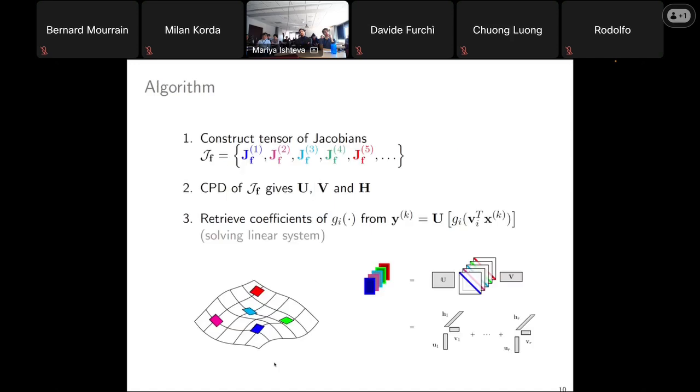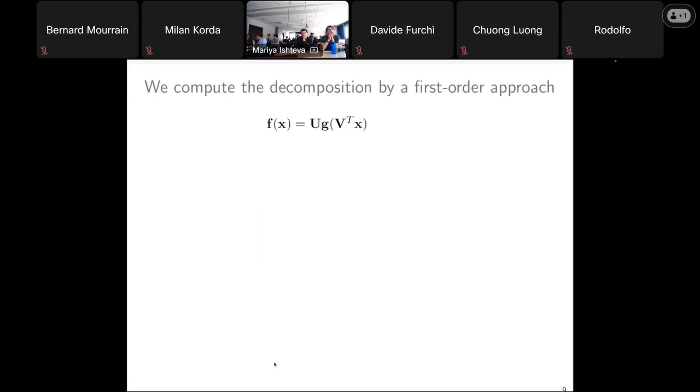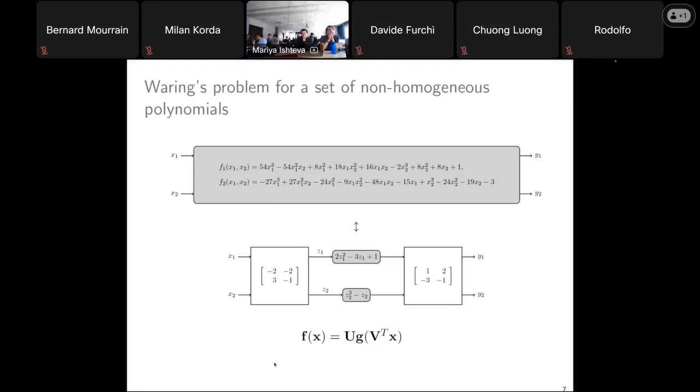Yes, so this is the algorithm. Basically, we compute the Jacobians in different sampling points. We compute the rank 1 decomposition of the tensor, and we already get for free U and V. And now we have 2 options for the G. Either we take this matrix, which is a discretized version of the derivative, and then integrate it, or we say, okay, once we have U and V and everything, so once we have the function, fitting the coefficients is a linear problem.